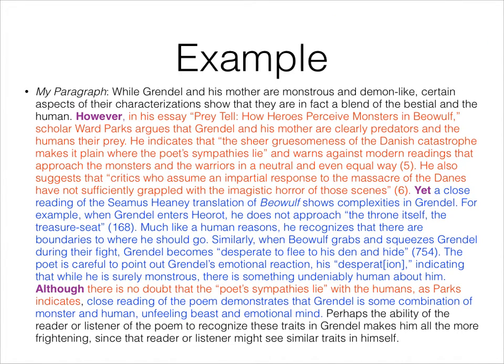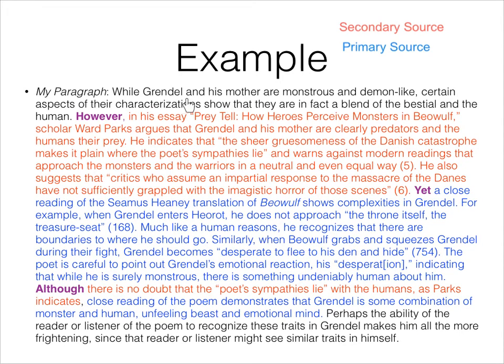Here's the color coding that I've put together for this example. So you'll notice that in red I have the secondary source and in blue I have the primary source. So I start with my topic sentence. While Grendel and his mother are monstrous and demon-like, certain aspects of their characterization show that they are, in fact, a blend of the bestial and the human. So notice that I've done a couple things. I've shown in my topic sentence what I'm going to be doing with the primary and secondary sources.